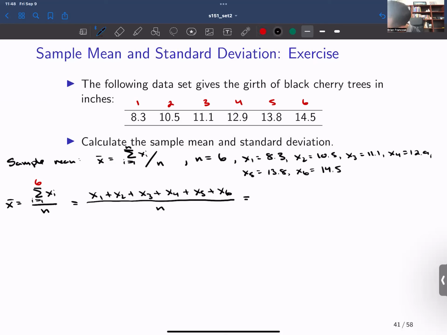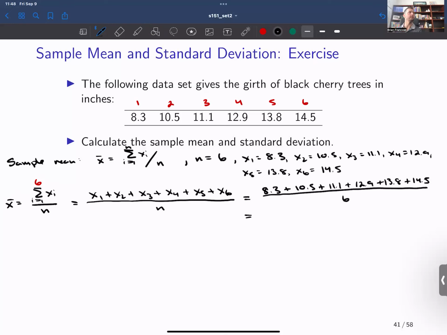So this is simply going to be 8.3 plus 10.5 plus 11.1 plus 12.9 plus 13.8 plus 14.5, and that's going to be divided by 6.